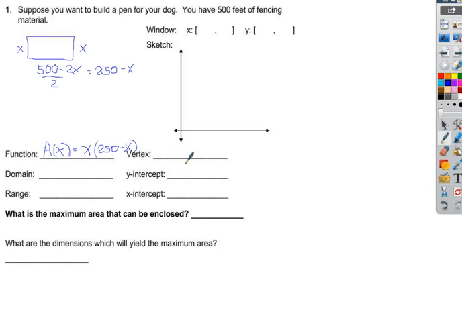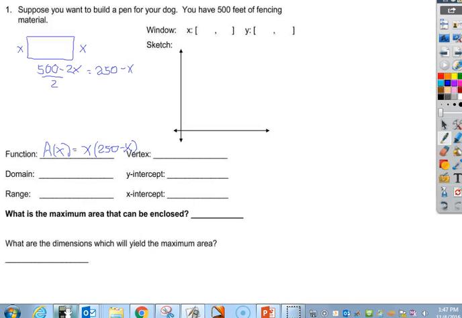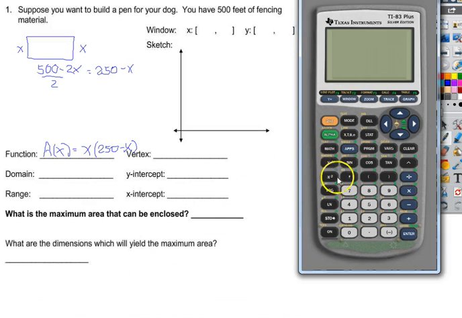All right. First thing, we're going to use our calculator and turn it on. And first thing we should do is reset our calculator. So we're going to go to second, mem 712 to reset our calculator.